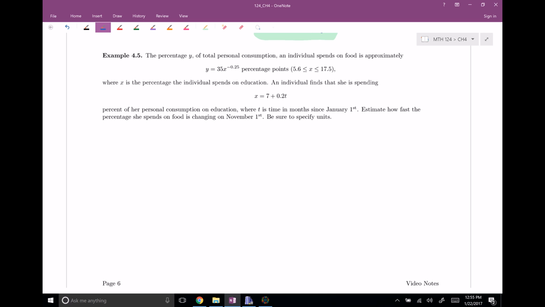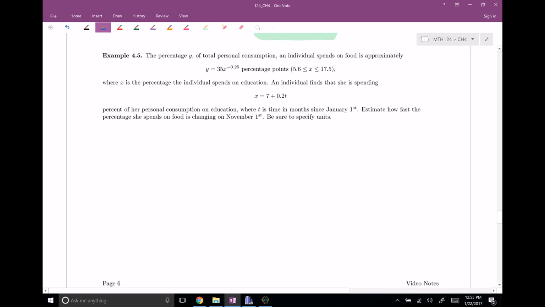Interesting. So the percentage of total personal consumption an individual spends on food is around this, where x is the percentage an individual spends on education. I guess probably the more you spend on education, the less you spend on food. We could go ahead and graph this here.